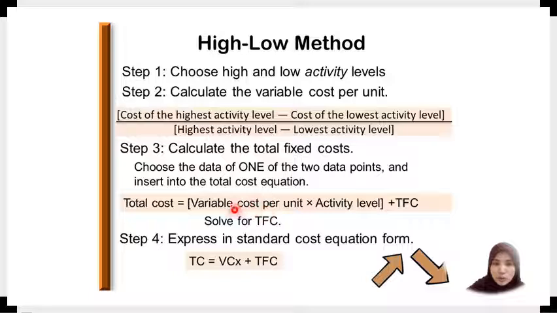To find the total variable cost, we take the variable cost per unit from step number 2 times the activity level, and we can solve this formula and find out the total fixed cost. And in step number 4, we can express any standard cost equation by using this formula. Okay, so let's see an example of how to use these steps.